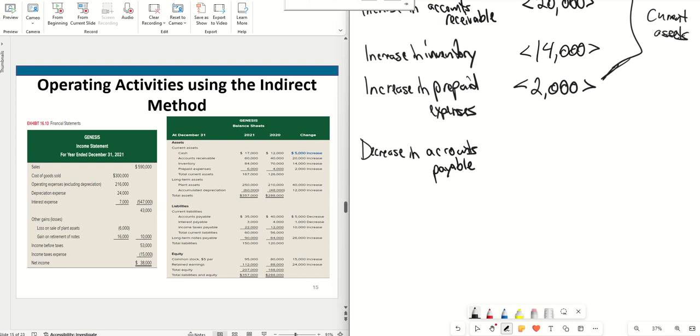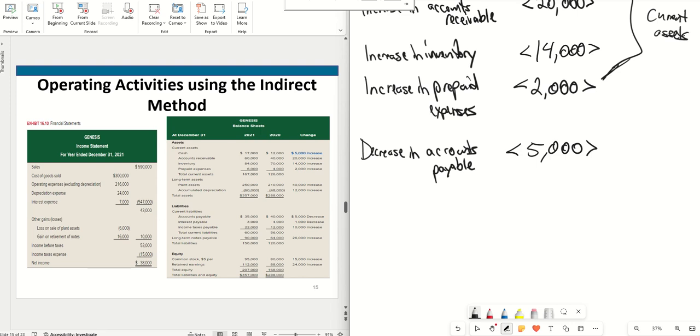At first it was $40,000 in 2020, and in 2021 it was $35,000. So this tells us that more cash was paid to settle obligations, to settle liabilities. Since more cash went out, which reflects the decrease in accounts payable, we're going to have to subtract 5,000 from net income to get to the true cash balance.